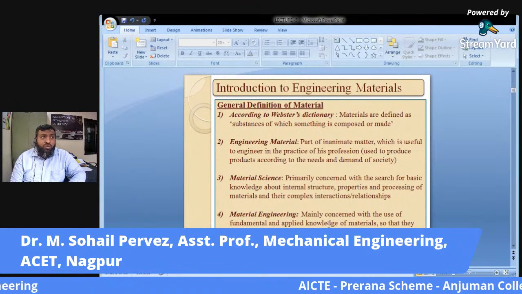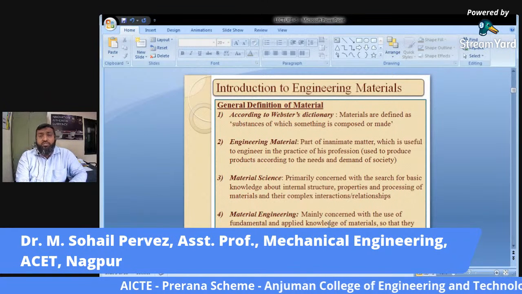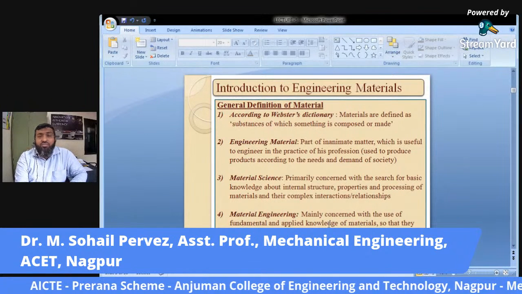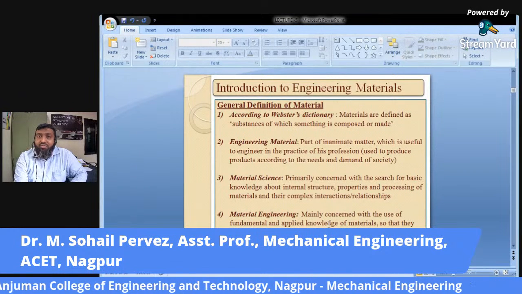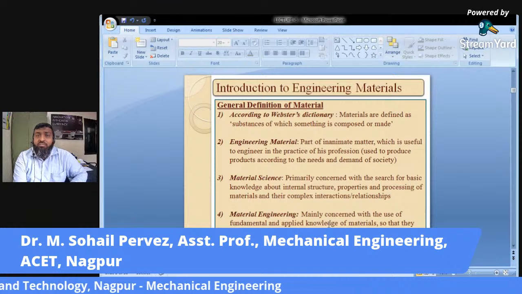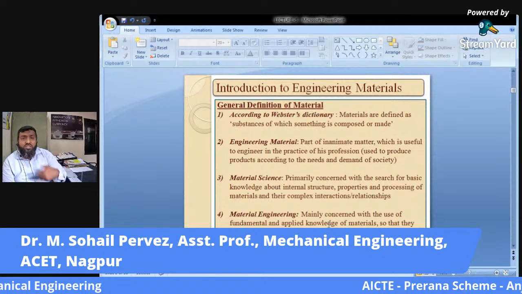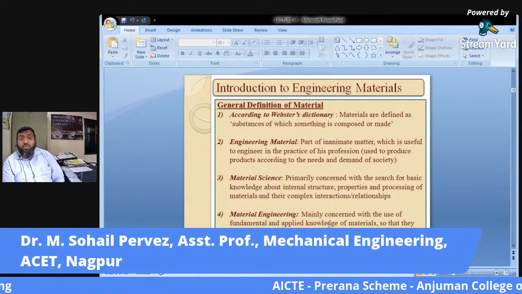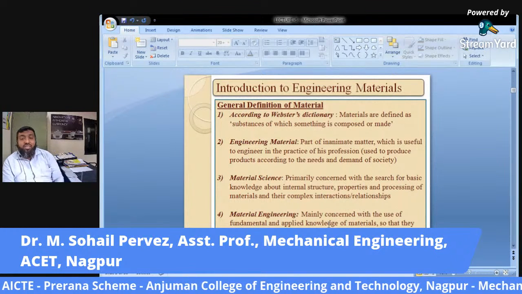Now, when we want to use this basic knowledge in an engineering application, we would be using it in making ships, in making yachts, or similar applications, wherein we know that it will not sink. So this is material engineering.